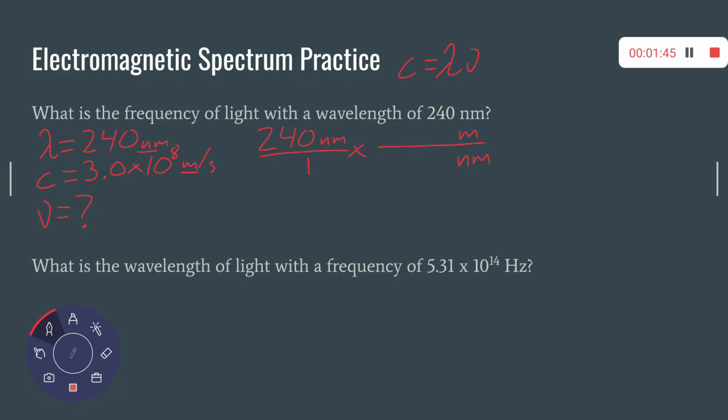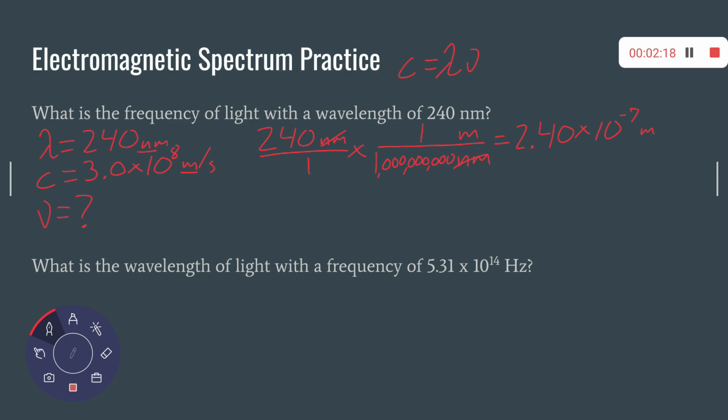Now we know that for every 1 meter that we have 1 billion, 1 times 10 to the 9, if you like scientific notation, nanometers. So then I need to take 240, my units cancel, and I need to divide 240 by 1 billion. When I do that, I'm going to get a really small number. I'm going to write it in scientific notation. Because why count all of those zeros when I don't need to?